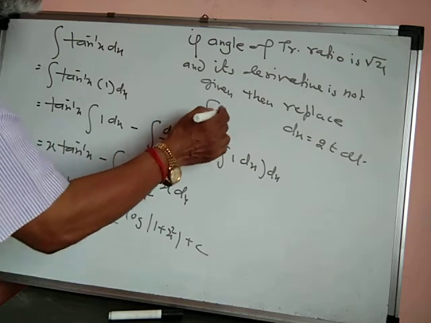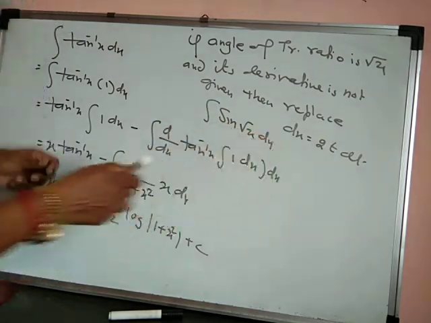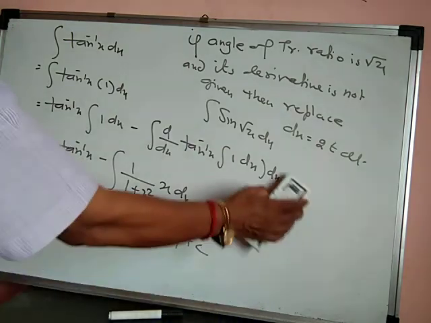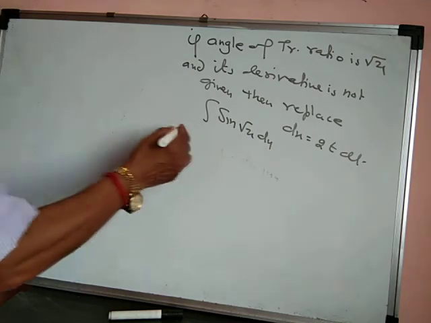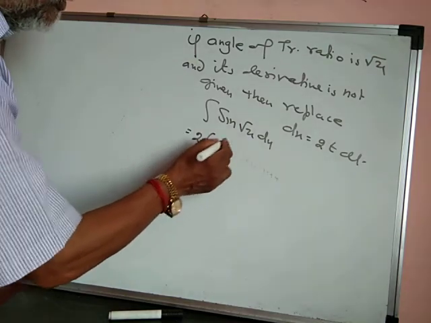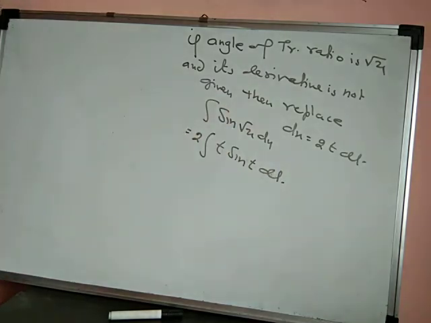Suppose I give you sine of root x dx. So straight away you write this is equal to 2t sine t dt and integrate by using u into v.